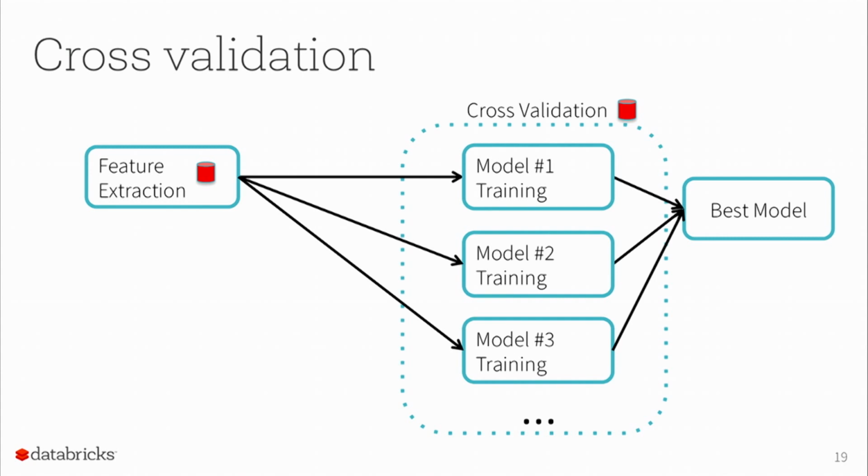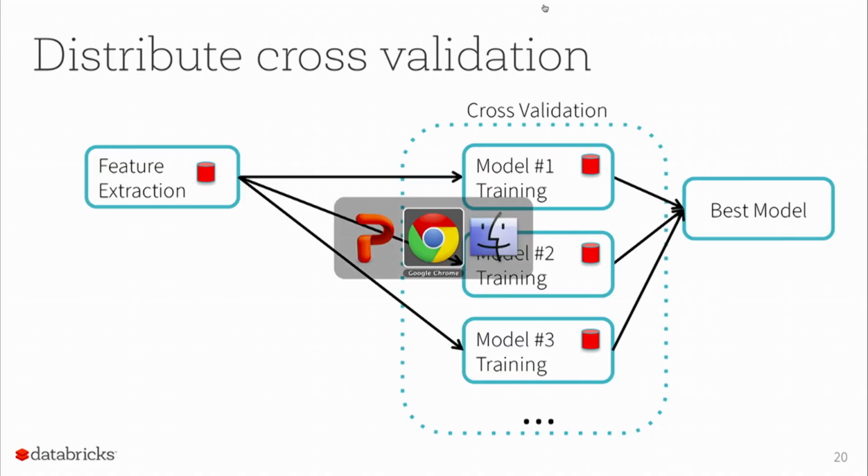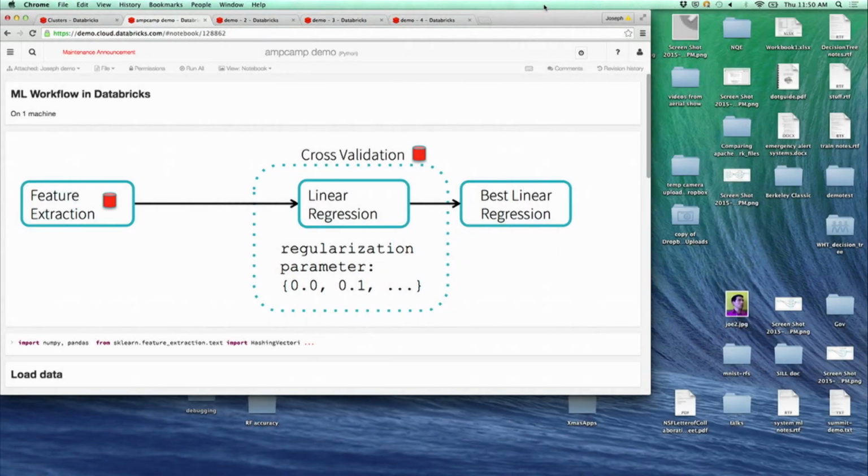But of course, you can immediately see one nice thing we could do, which would be, say, we're training a bunch of different models. Why can't we just train them in parallel? So we'll do that. We'll distribute the cross-validation, where each of these will train on a separate machine. So what I'd like to do is break out into a notebook.